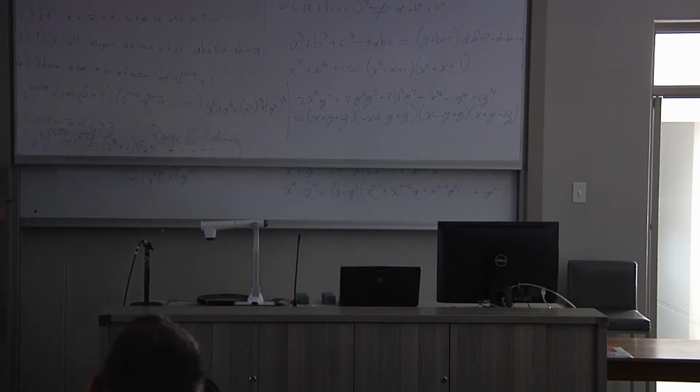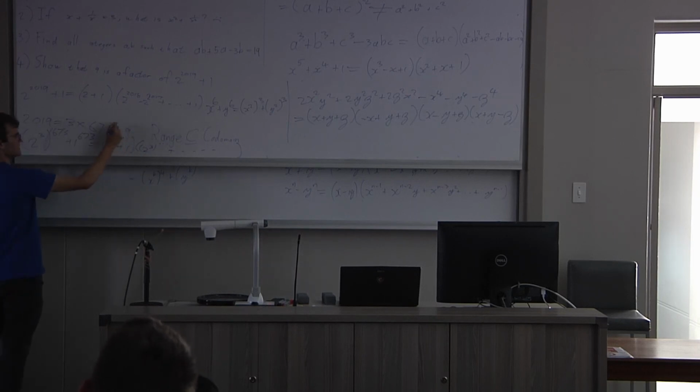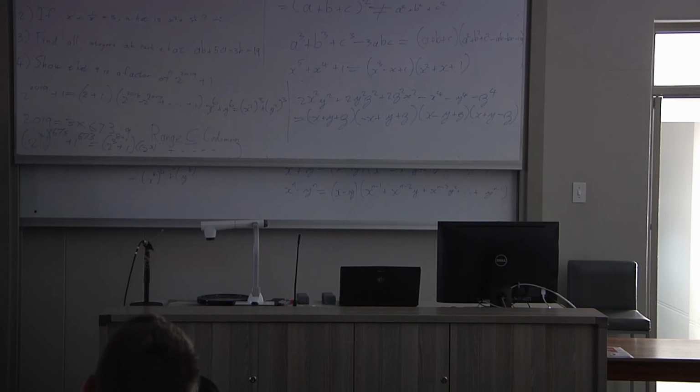The important thing to note is that this is 8 plus 1, which is 9, which means that 2 to the 2019 plus 1 is 9 times some other mess which you don't care about. So all you have to show is that 9 is a factor. Is that fine?